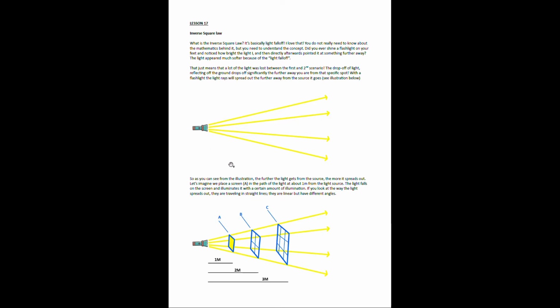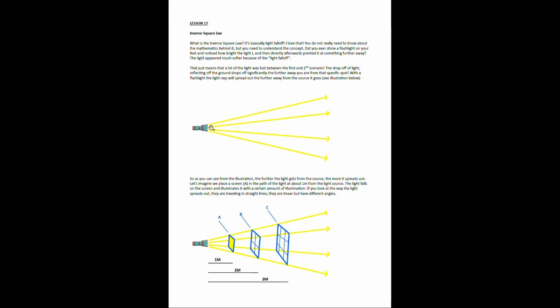There would be a very, very bright light just right about here. Compared to when you lift up the flashlight and shine it away from you, and imagine you have a wall or something right about here. The light's going to be a lot bigger and a lot softer.